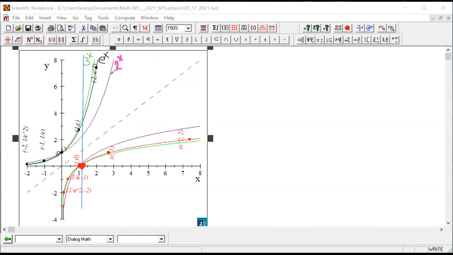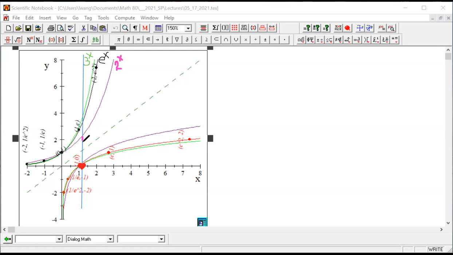Okay, when I draw this vertical line, for that input x, we will have 3 outputs. The first output will be the purple, of course.